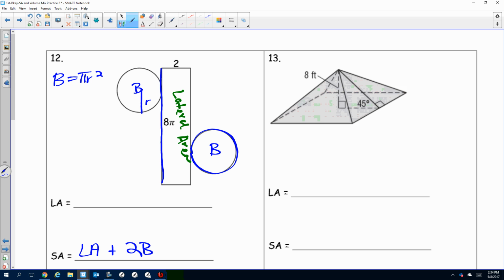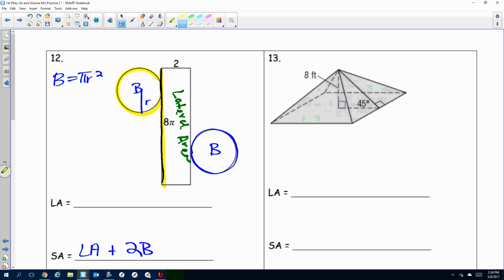Because I have this distance, this part of our lateral area corresponds to what part of the circle? If I was to fold it back up, it corresponds with the circumference going around the circle.